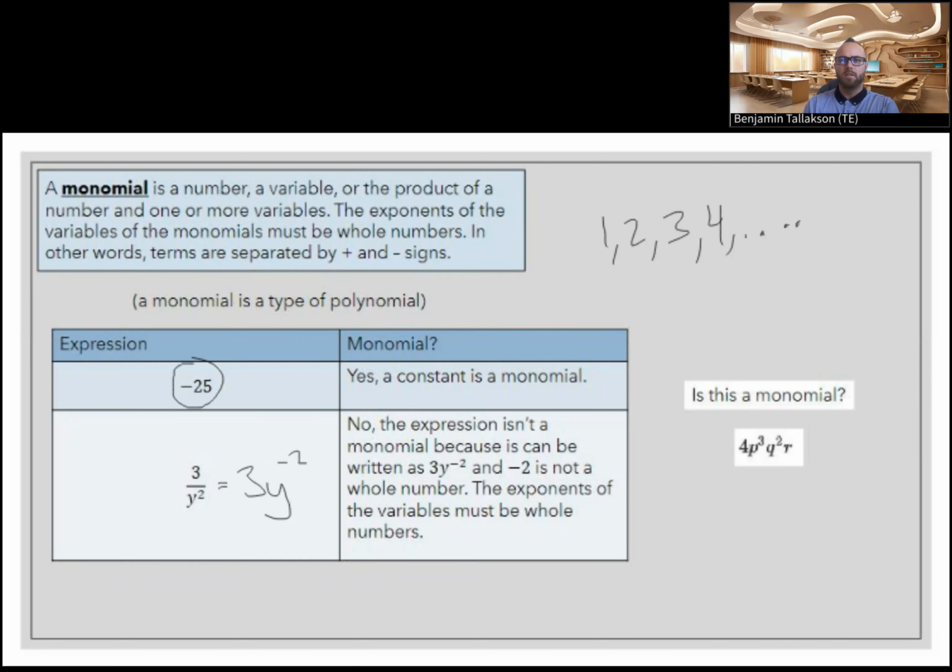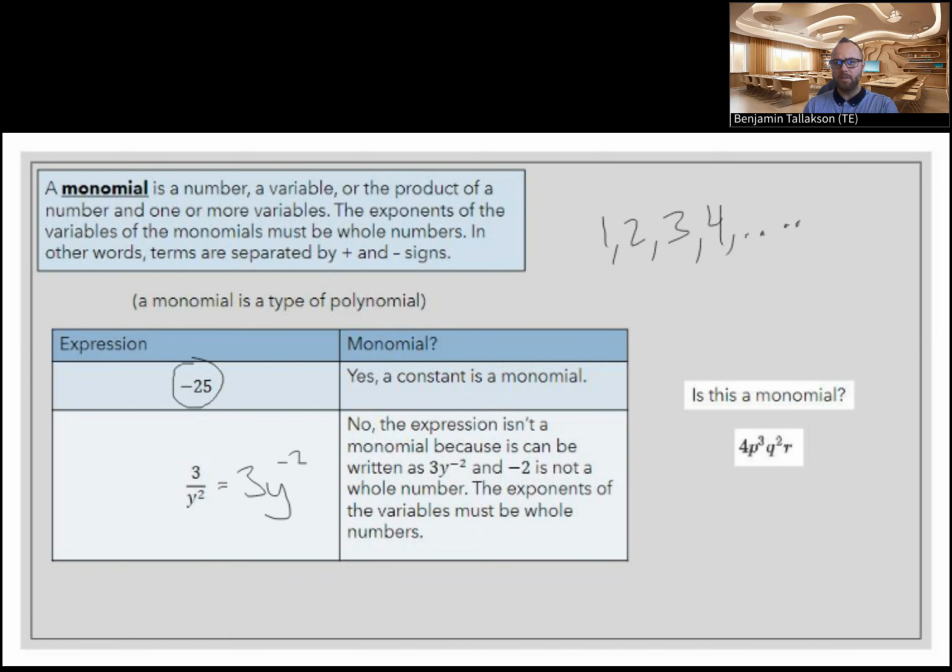Okay, so if your exponent's negative, like it is here, or you see the variable in the denominator, like you do there, this is not a monomial. Okay? That exponent must be a whole number.